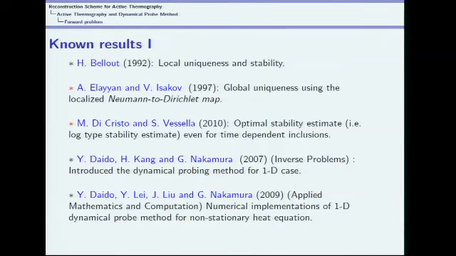There are some known results. First, Beretta showed the local uniqueness and stability for one measurement. And then next, Isakov started the whole business. They showed the global uniqueness for our problem. And then DiCristo and Vessella showed the optimal stability estimate for the isotropic case, and this is even for the time-dependent inclusion case.